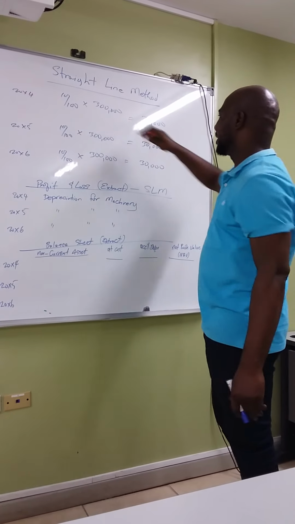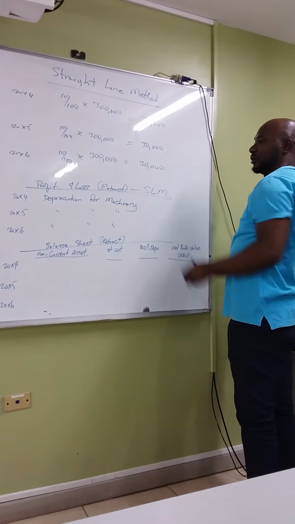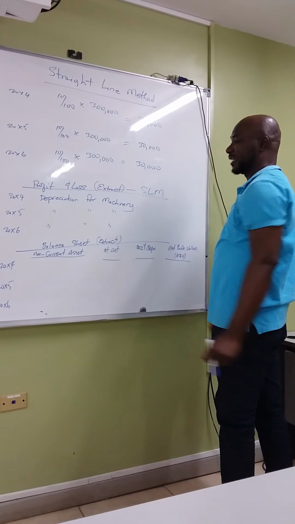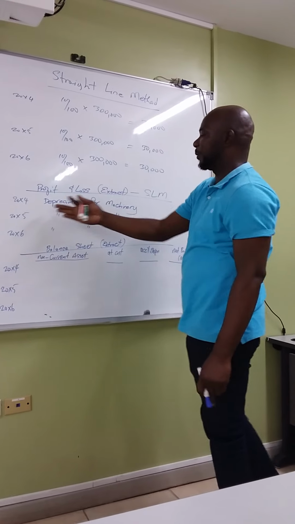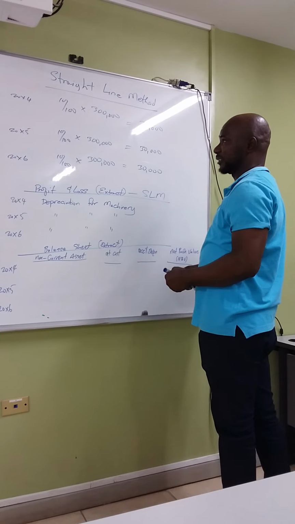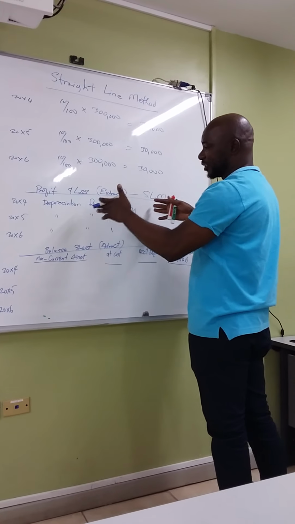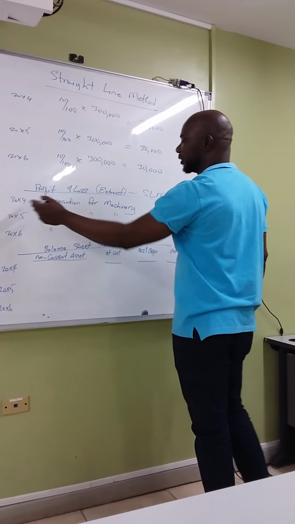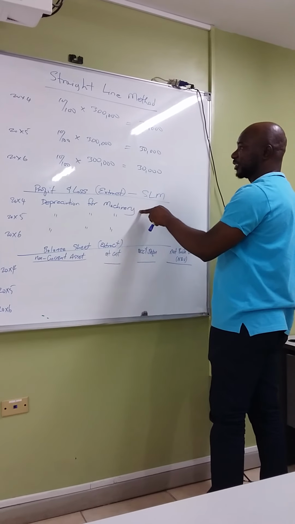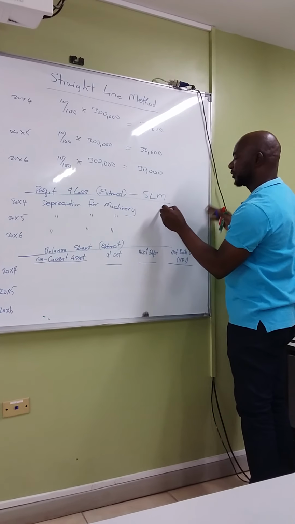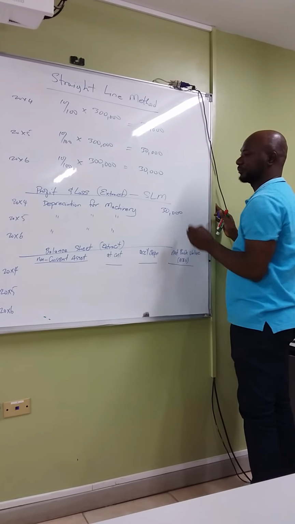Now the depreciation charge per year may be included in the profit and loss extract. So if they ask you to prepare the profit and loss extract, this is where you include the depreciation charge. For the year 2004, depreciation for machinery was $30,000, so $30,000 would have been included there.